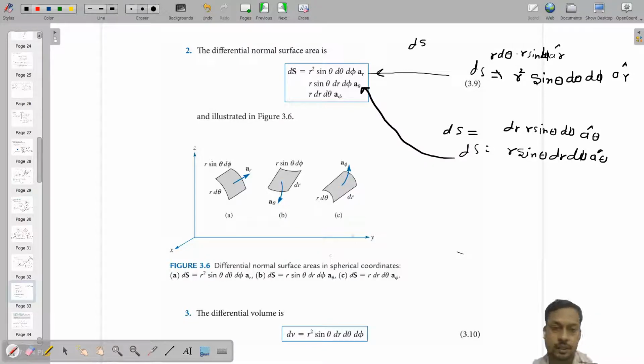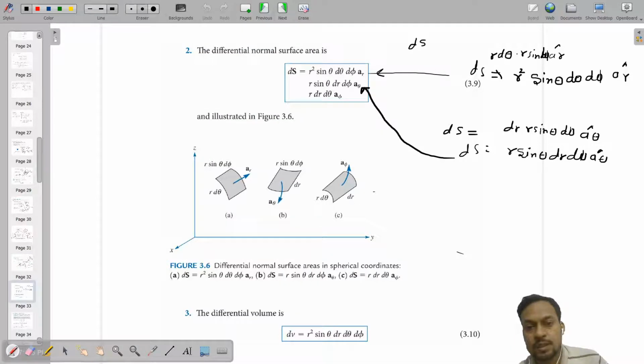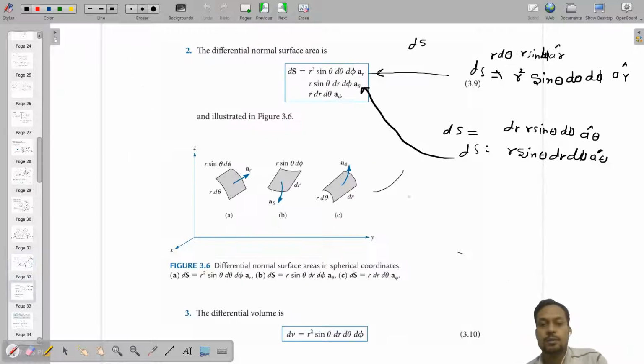Now the third case. The third case is the back surface of the differential. This is the front surface, and just opposite to that surface is the back surface. The back surface is considered for the normal vector of a_phi, because the direction of a_phi is here. Therefore, we have considered the back surface. So for the back surface, we have dr and r d theta.